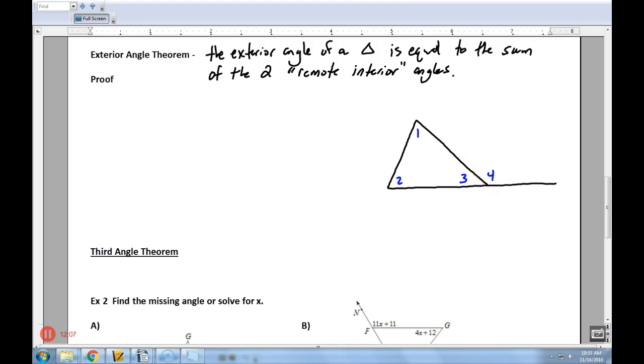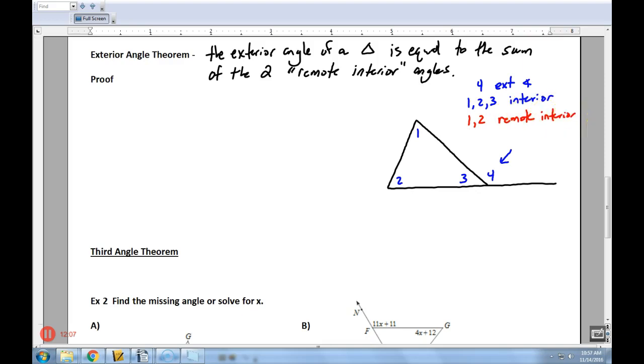So just for vocab purposes, angle 4 is the exterior angle because it's on the outside of the triangle. So we have three interior angles, 1, 2, and 3. So 1, 2, and 3 are interior, inside. But in relationship to angle 4, which is the angle this theorem is about, the two far away interiors, 1 and 2, are remote interior.